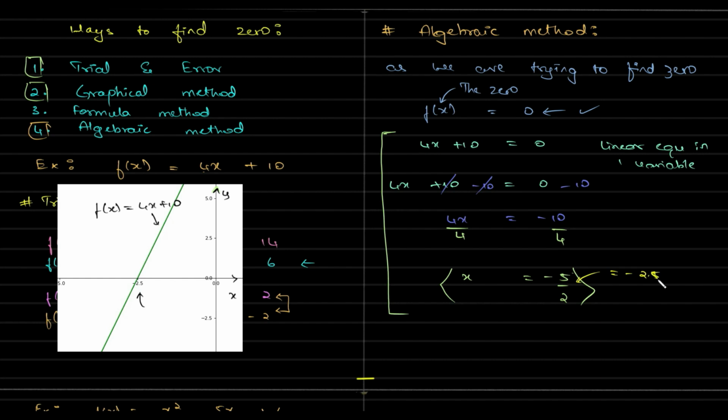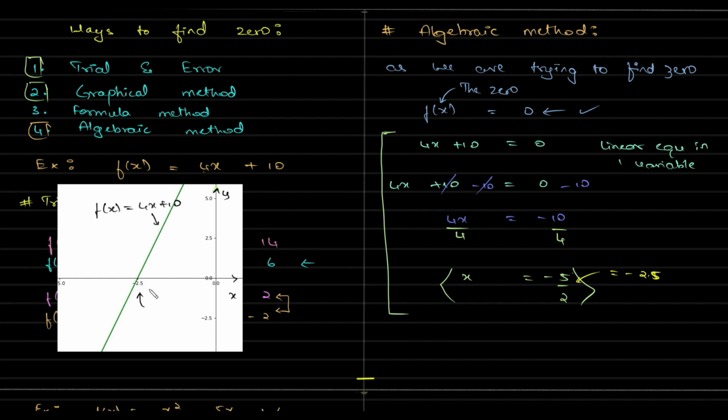So you can clearly see that graphically it's much easier to figure out the 0. All you have to do is look at the graph and see where it is crossing or just touching the x-axis. If that point is visible and you're able to zoom in and figure it out, that is your 0.